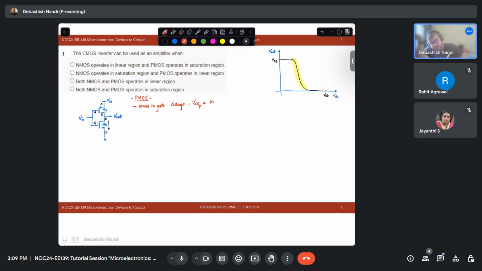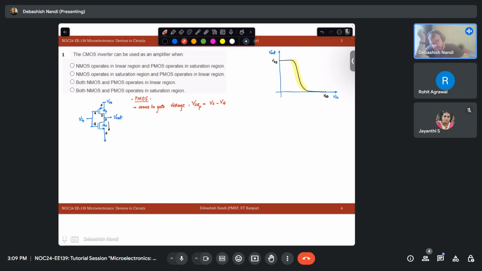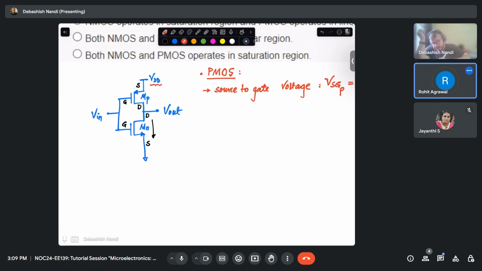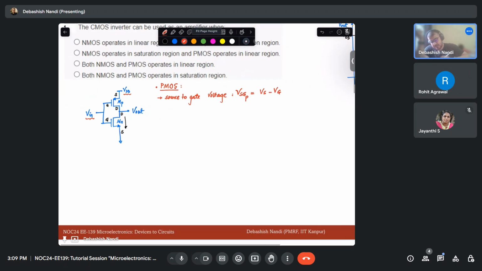It is simply Vs minus Vg. VDD is your source voltage, and the gate voltage of the PMOS is V in. So VSGP is VDD minus Vin. And the source to drain voltage, VSDP, is VDD minus V out.